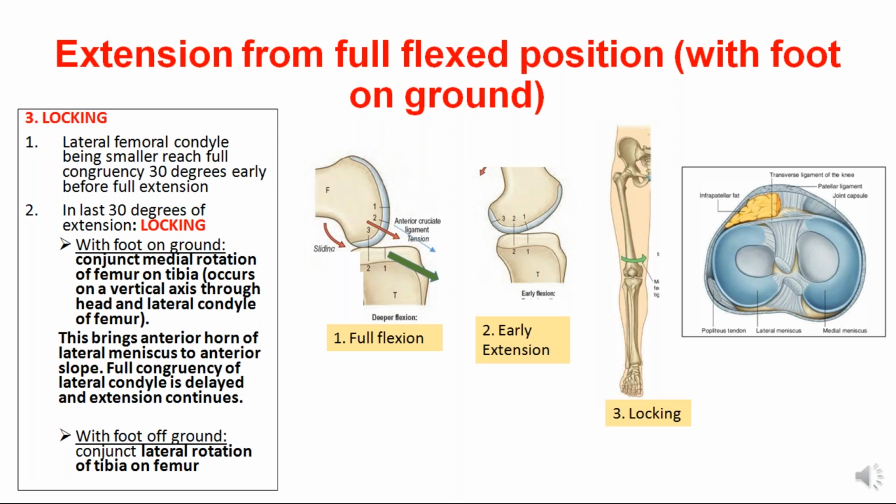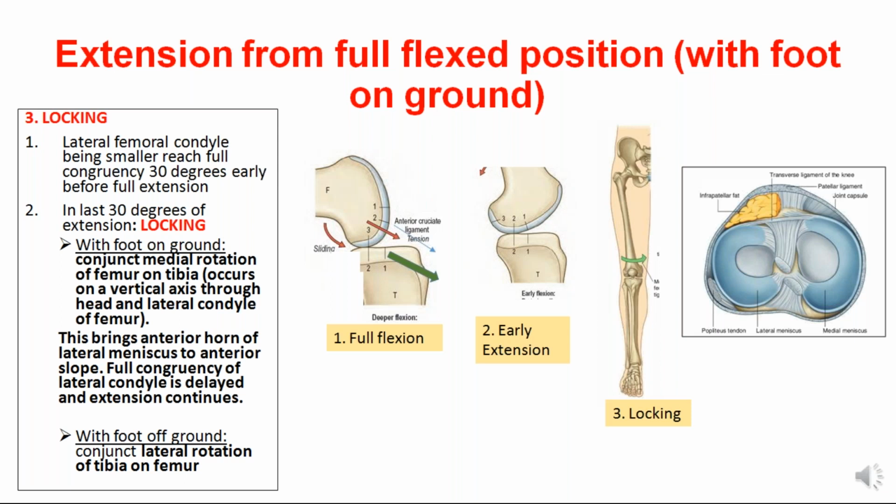Because of this conjunct medial rotation, what will happen? This is going to bring the anterior horn of the lateral meniscus, this one here, to the anterior slope of the tibia. Why? Because the femur has medially rotated.